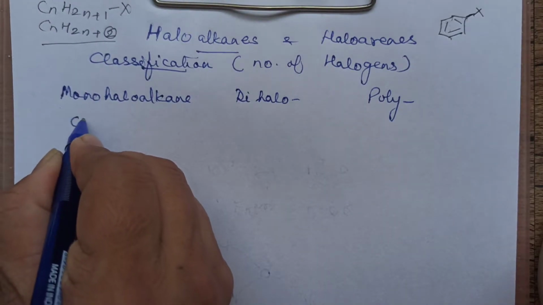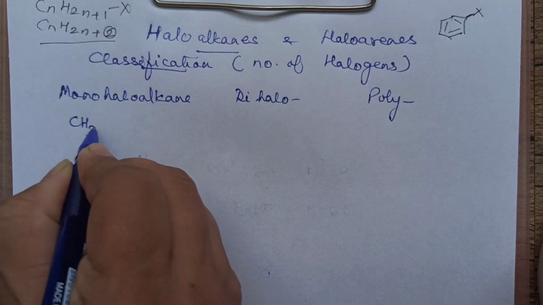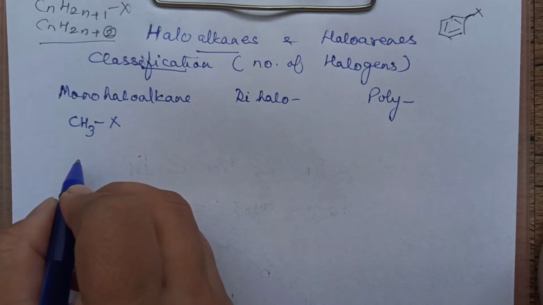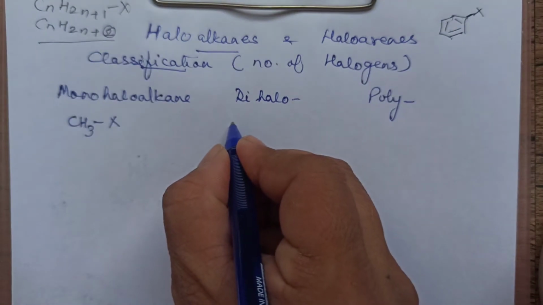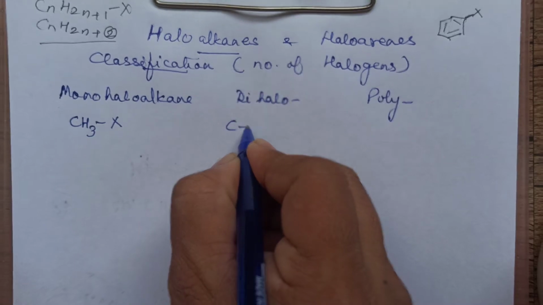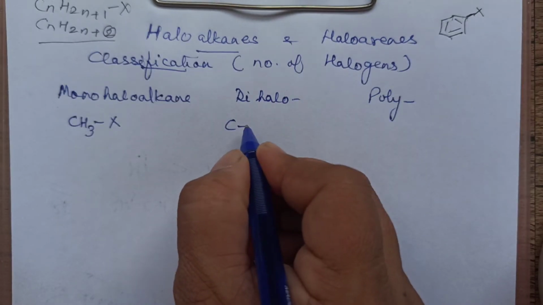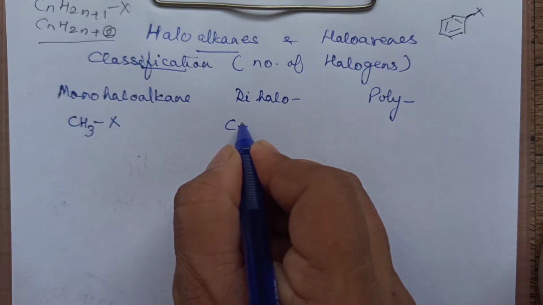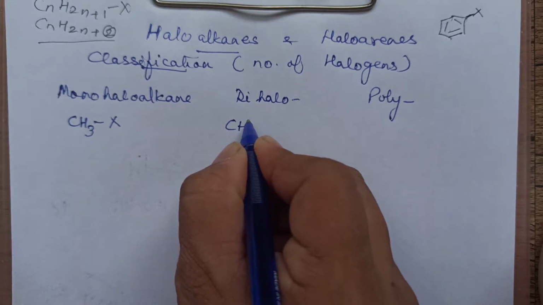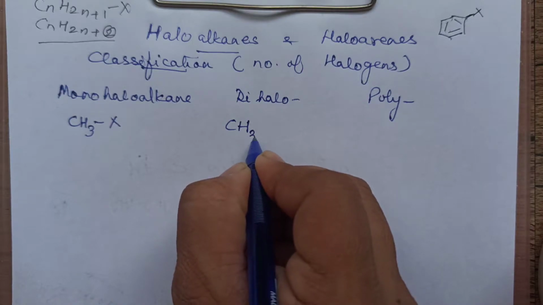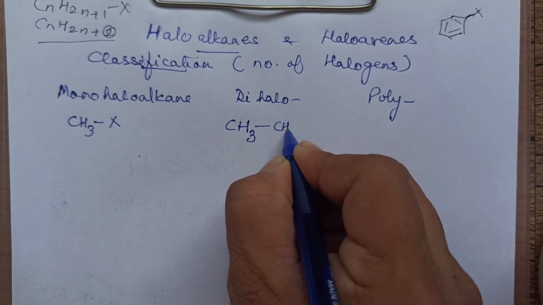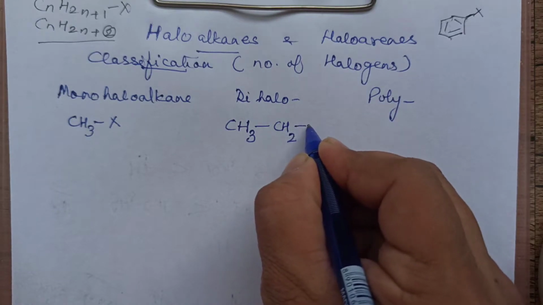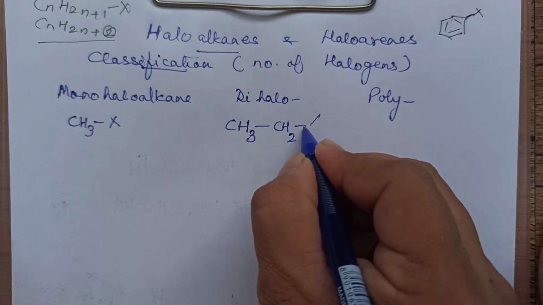Suppose I take one carbon atom, alkyl group, and I add a halogen to it. It is monohaloalkane. If I take dihalo, I wanted to talk about vicinal and geminal here. Suppose I take two carbons and I have both the halogens attached on the same carbon atom.